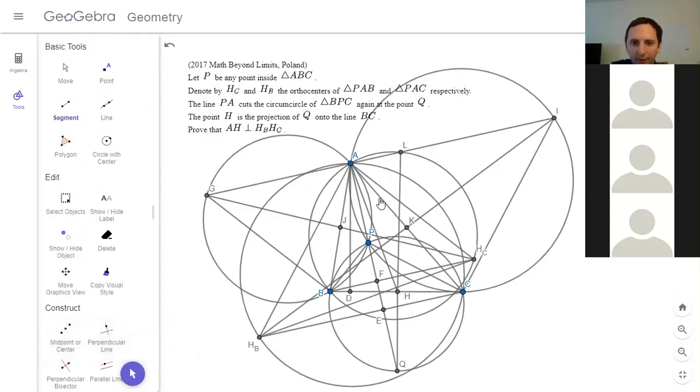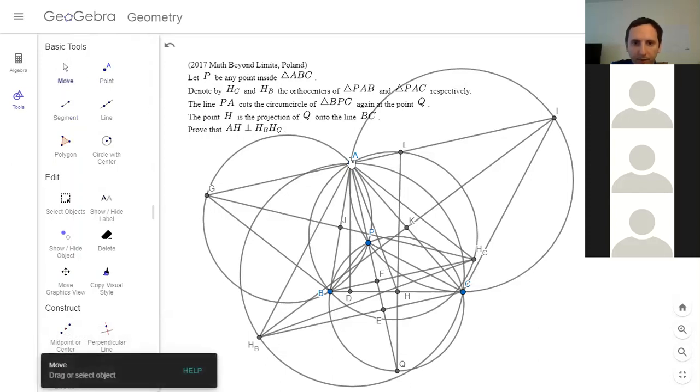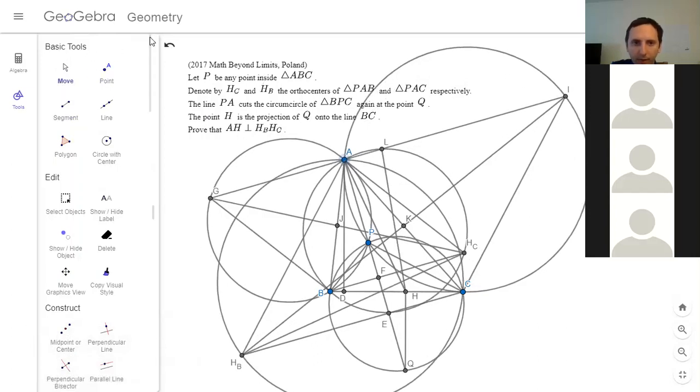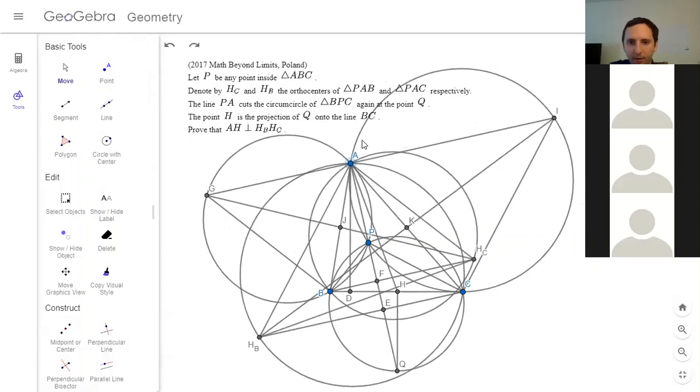Not necessarily, actually. I don't think that's true. Yeah, never mind. But it makes a right angle, so if I let BC intersect this line at a point, I'd have a cyclic quadrilateral.